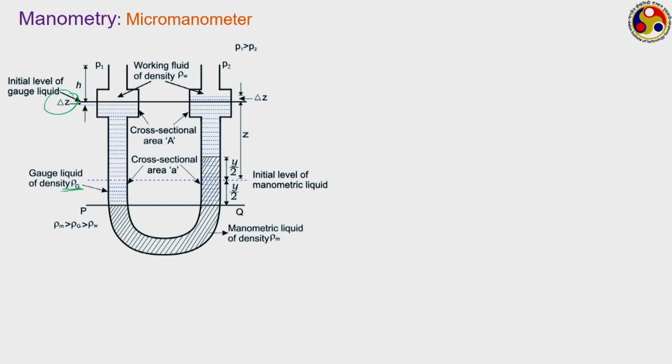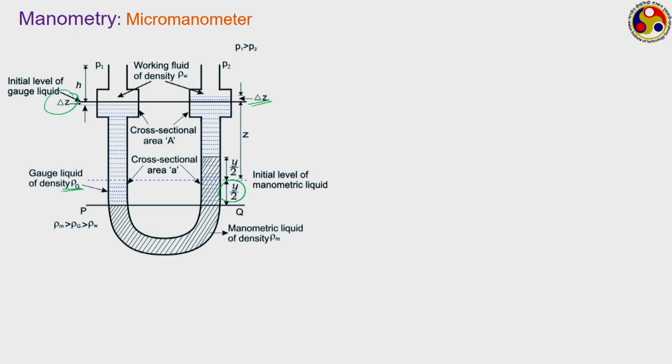Both these tanks have the same cross section area, a cross section area of capital A. Because their areas are the same, there will be the same amount of increase in the elevation of the gauge liquid level in the other bulb. But as the delta Z elevation change happens in the bulb, there is a much larger change in the height of the manometric liquid column, which is given by y by 2.